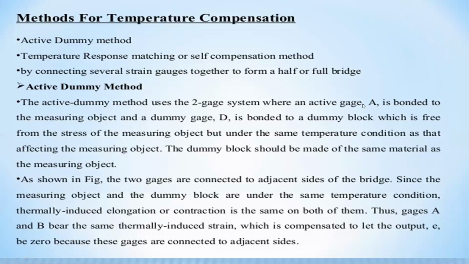The A gauge is connected to the object, and the dummy gauge D is bonded to the dummy block, which is free from the stress of the measuring object, but under the same temperature conditions as those affecting the measuring object.